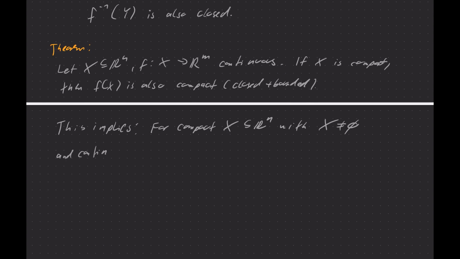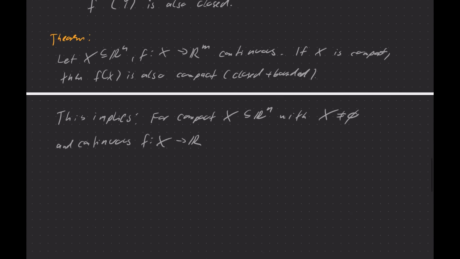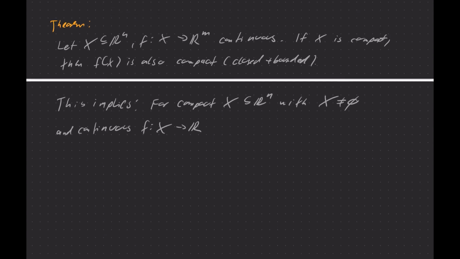And a continuous function f from x to R, and now we're only going to R because we want to minimize or maximize, and of course a minimum and maximum is only defined over the real numbers. We cannot properly define that over R to the m. Okay, so a function like this attains its minimum and maximum over the domain x.